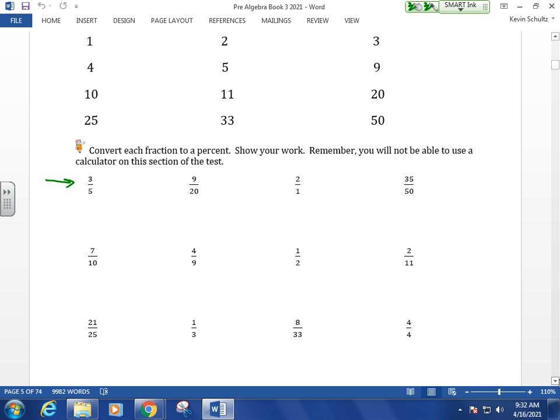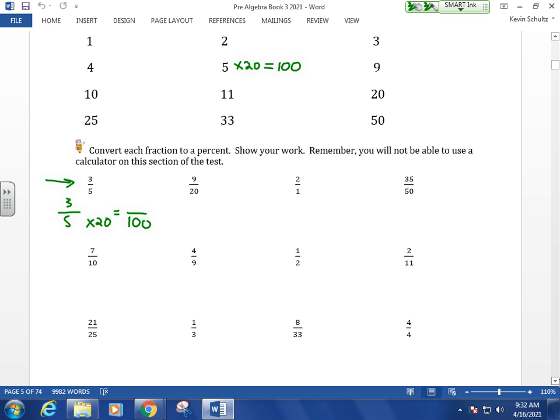However, how do we get from 5 to 100? What's the scale factor? Multiply by 20, right? It works out evenly. So if we have to multiply this 5 by 20 to get a denominator of 100, what do we have to multiply the numerator by?